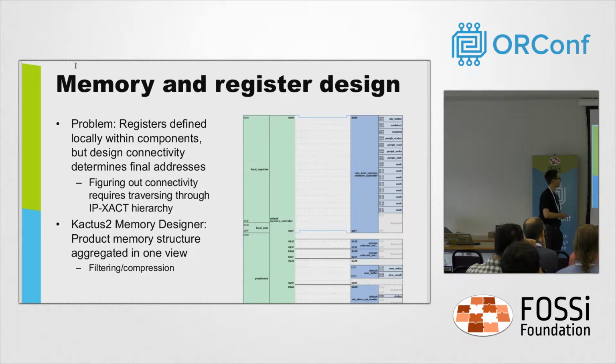So we came up with a new view within the Kactus2 tool, where we gather all the address spaces from the product on the left, all the registers from all the components within the product on the right, and then align them according to their addresses. So you'll get one view of the whole memory structure within the product.